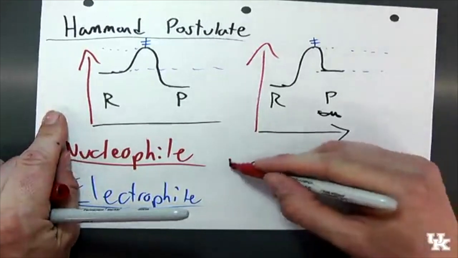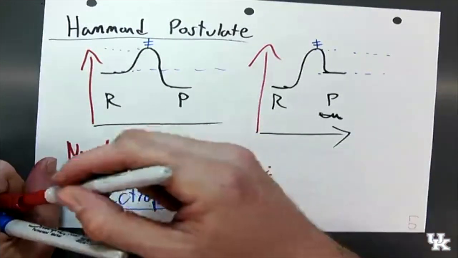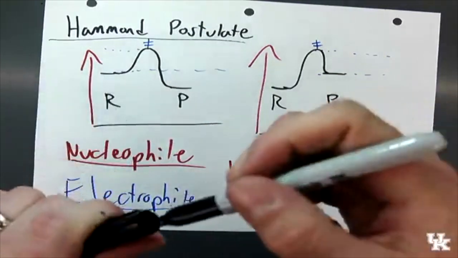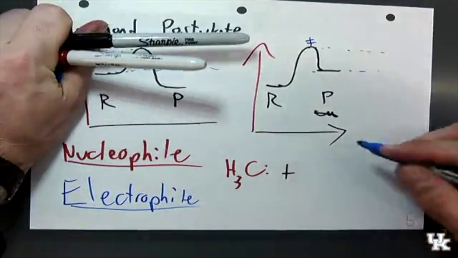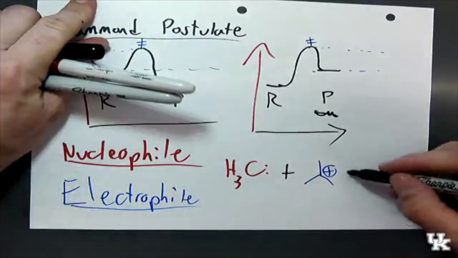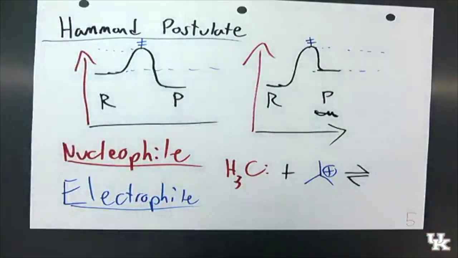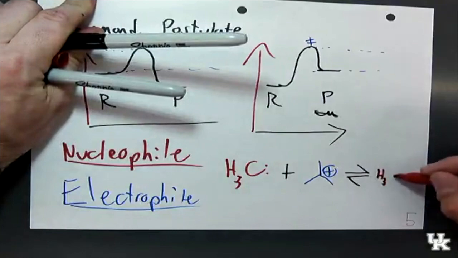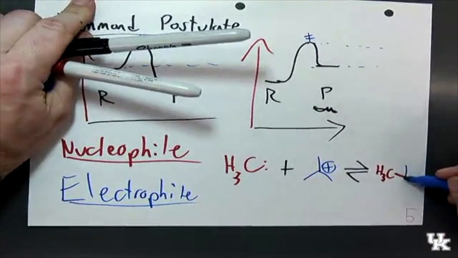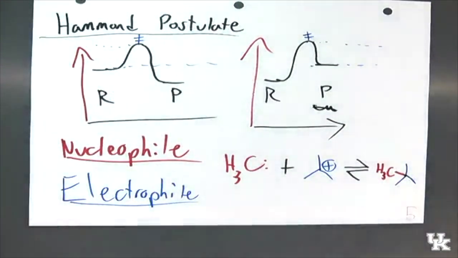So we could draw some very simple reactions incorporating nucleophiles and electrophiles. There we are. So this would be a basic nucleophilic attack on this tertiary carbocation.